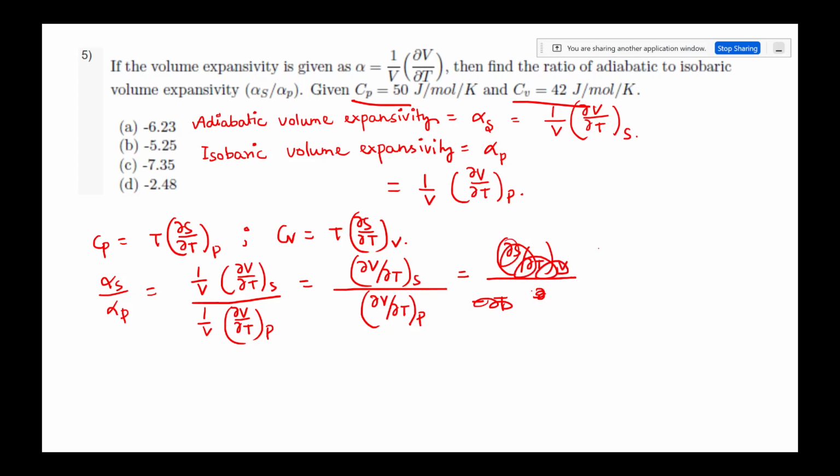Okay, so this is for del v del t p. This is written in terms of Cp minus Cv with respect to that term. So let me write it here. Del v del t. First, I have to take care of the variables, Sp Tv, VTS, or we can write it TVS, and VTP will be SVT. Okay, so what is TVS?